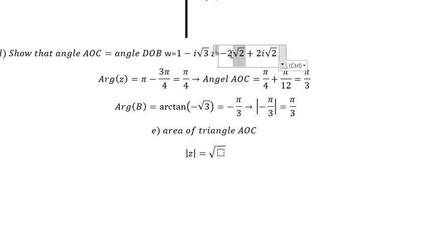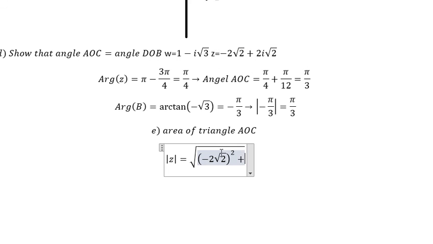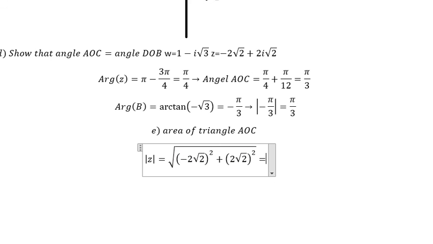So we use the square root with this number into the square plus this number in here. And we will got the answer of this one. This is about number 4.